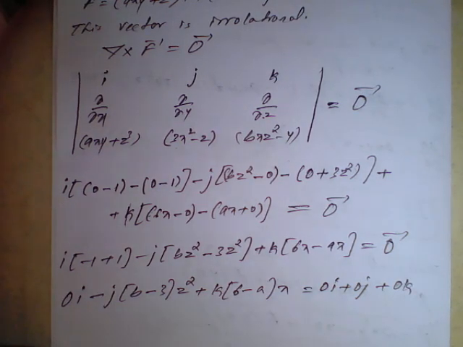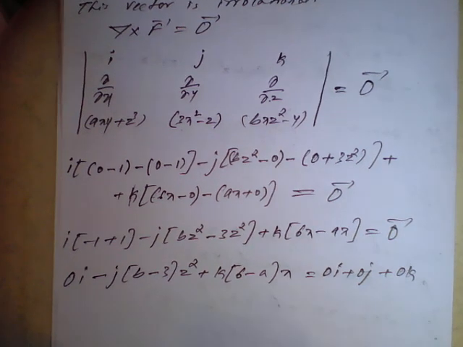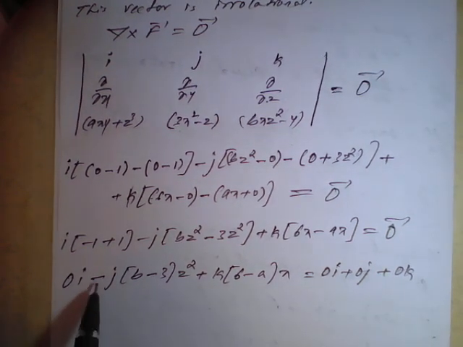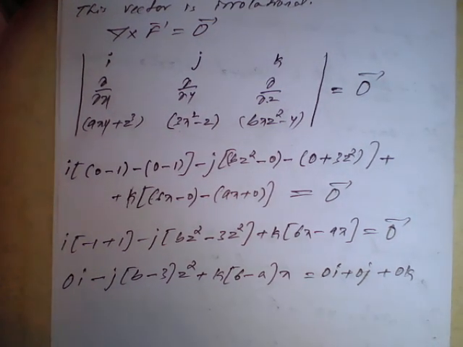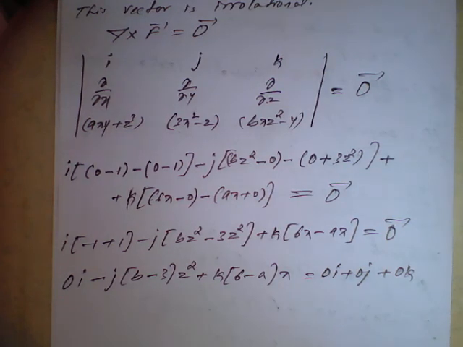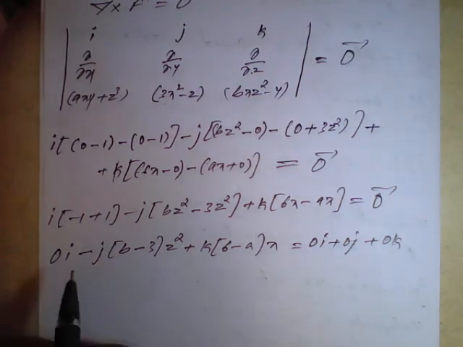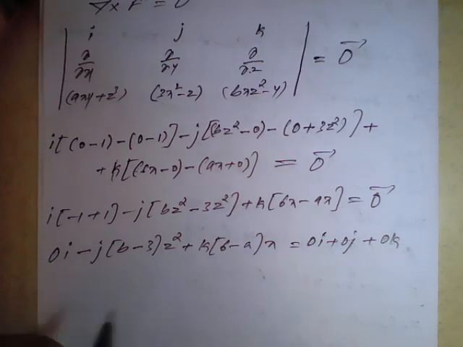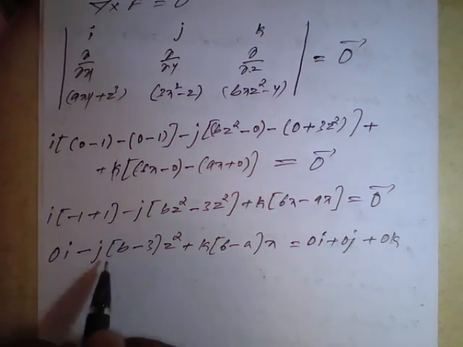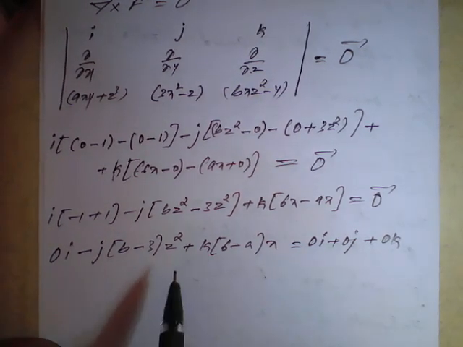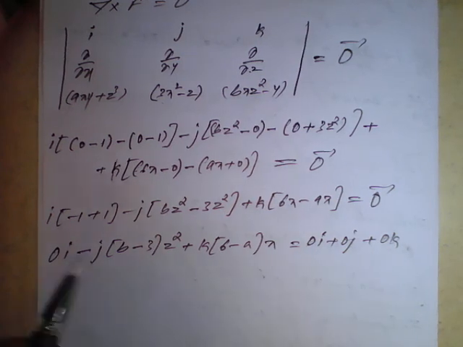So therefore, I don't want this minus sign here, so we'll not manipulate anything; we'll equate the coefficients of i, j, k on both sides. 0i with 0i, leave it.